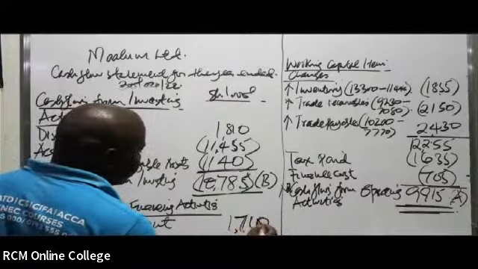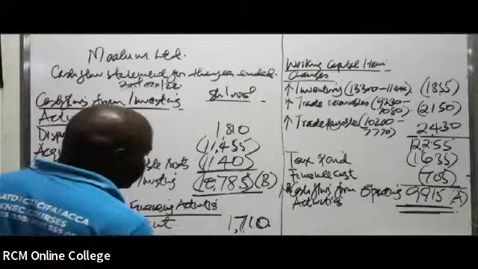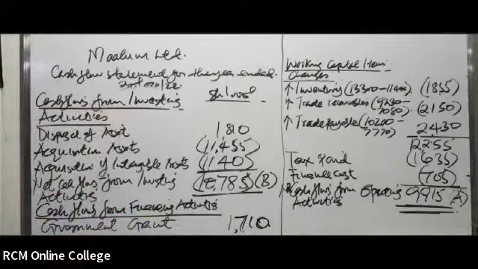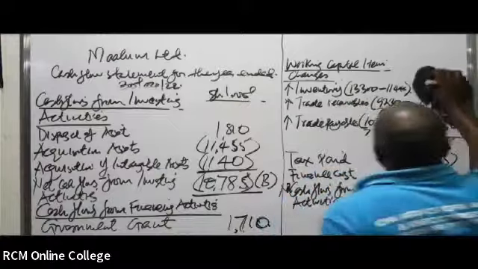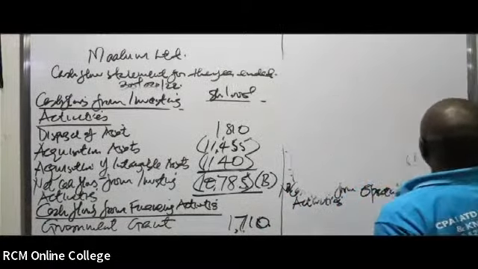This one is basically covering probably the amount they had been promised last year. So they get 1710. Then the other item is the sale of shares. Remember, some shares were sold.